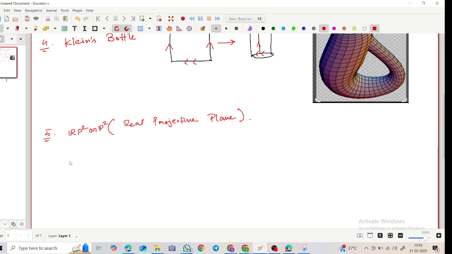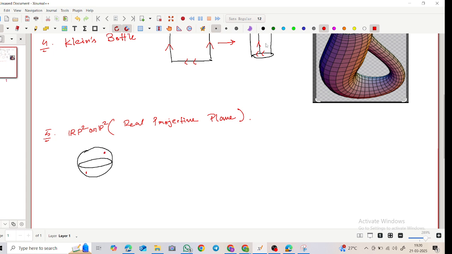So what do we do? For the time being, we are not taking a square. We are taking, okay, and the identification is we will join the antipodal points.